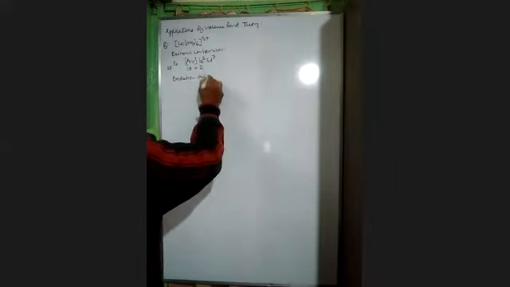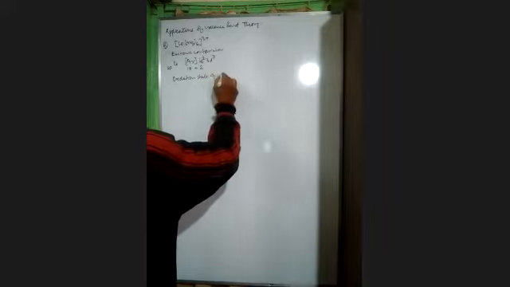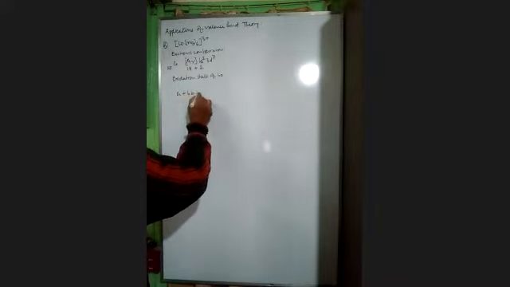Now I have to find out the oxidation state of cobalt. Here I write A plus 6B equal to plus 3.